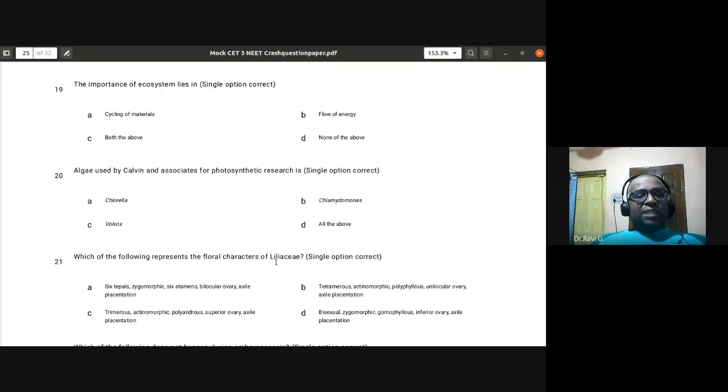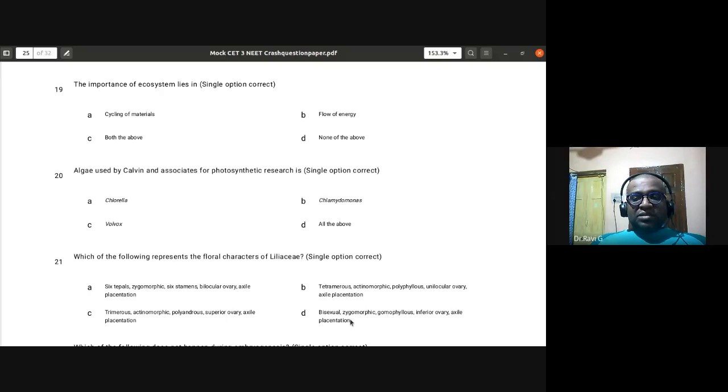Which of the following represents the floral characters of Liliaceae? Six tepals, zygomorphic, six stamens, bilocular ovary, axial placentation. Tetramerous, that is also wrong. Six tepals is also, this part of it is wrong. Trimerous, actinomorphic, polyandrous, superior ovary, axial placentation.